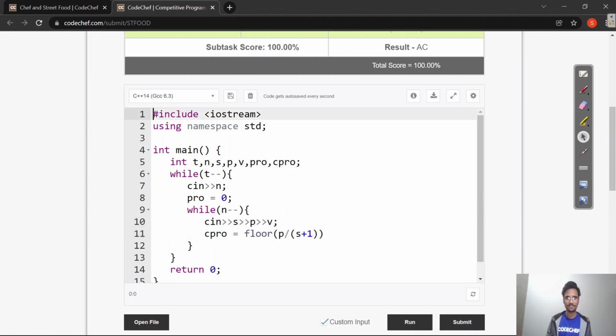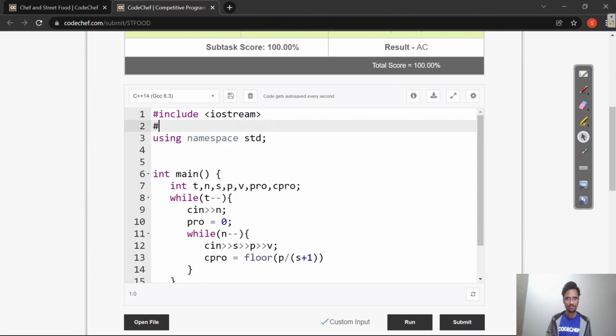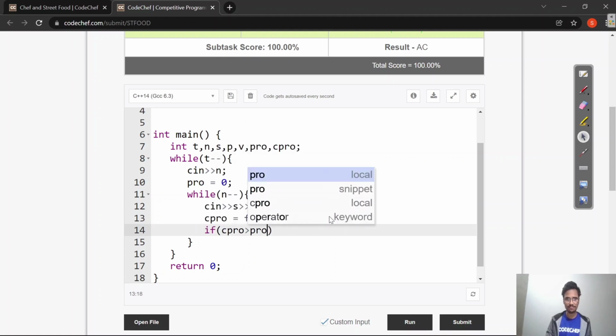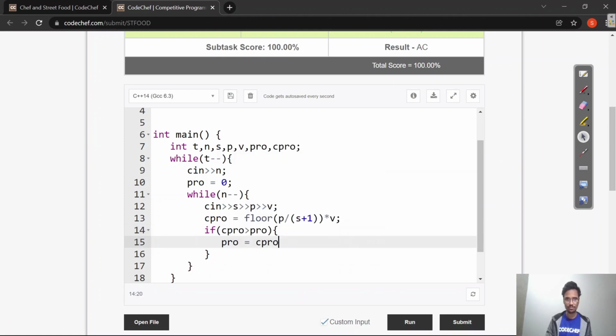For this floor value we need to include math. We have to include cmath. Just take floor values. Okay, so now multiply this floor value with v. If this current pro is greater than our pro, so update our pro. So pro is equal to current pro.